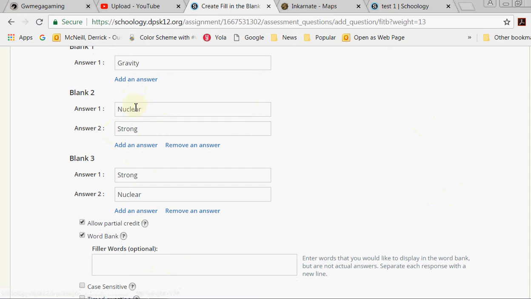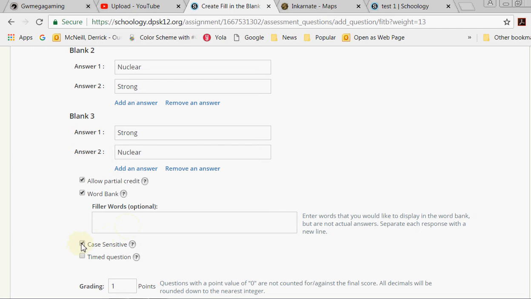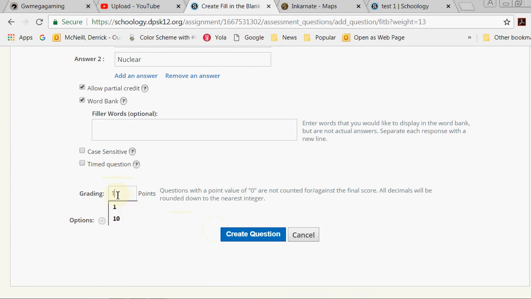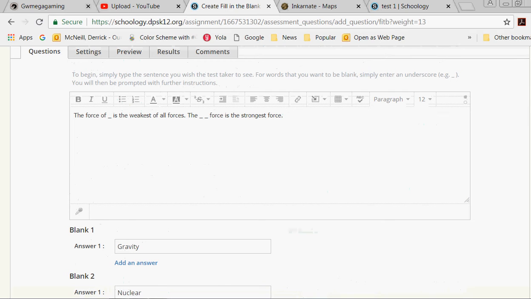So if you said gravitational instead of gravity, if my word bank only had the word gravity and they used the word gravitational, I wouldn't feel the least bit remiss to give them 0 credit for that. There is a case sensitive option too, if you want to make sure that they give it in case sensitive answers. I don't in this case. And then timed, obviously. And grade, as you can see, in this case, I probably would give them 3 points. But that's building a fill in the blank question.